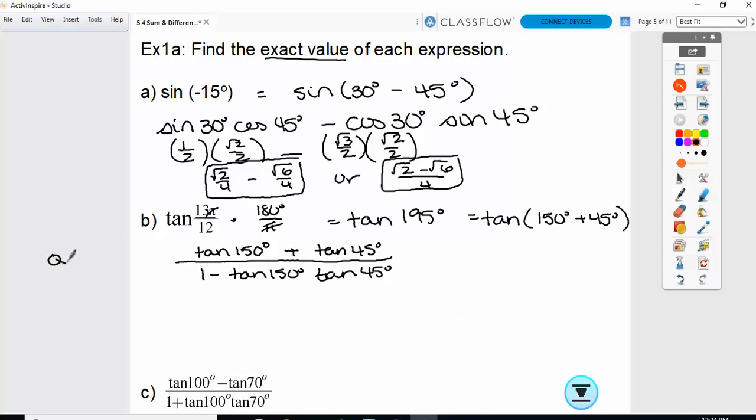Tangent of 150, since that's not in the first quadrant, we need to do quadrant reference angle. What quadrant is 150? Okay, reference angle 180 minus 150 is 30 degrees. So in second quadrant, tangent is negative. Tangent of 30, radical 3 over 3.